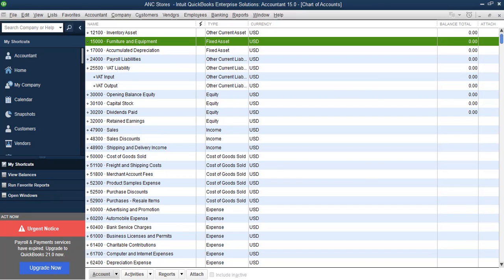All right. Chart of accounts type or category. We have two major categories.